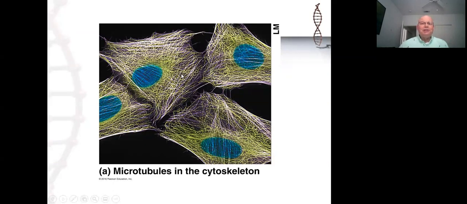We're going to see these playing an important role when we talk about cell division, because they give rise to a structure called the spindle that guides the movement of the chromosomes during the initial part of cell division. That's what microtubules do. Not only do they provide a structural framework, but they also supply a framework for the movement of things. So that's the role of microtubules.